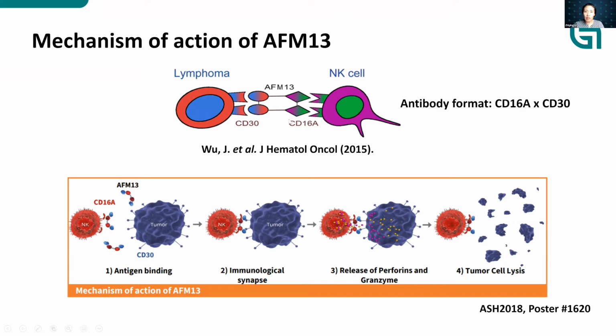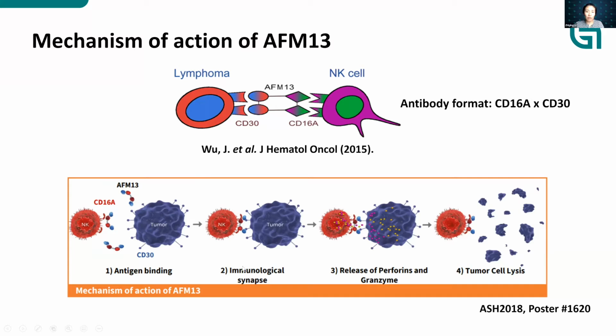In this design, this bispecific antibody is engaging the NK cell, particularly binding onto the FcγR receptor on the NK cells. Relatively speaking, this is a new way of how NK cells can be utilized to do immunotherapy and to suppress tumor growth.